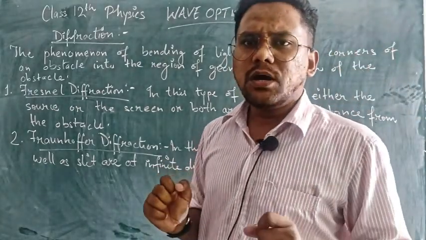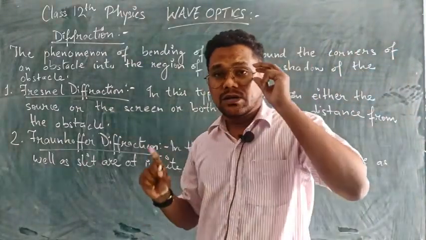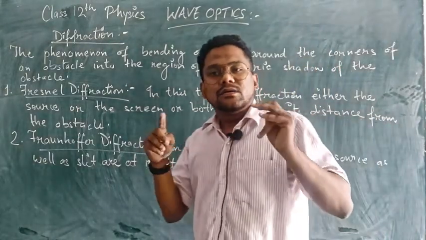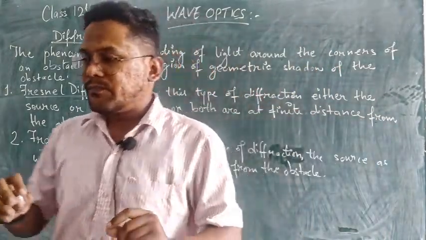So if both are at infinite distance, I told that a convex lens is used.